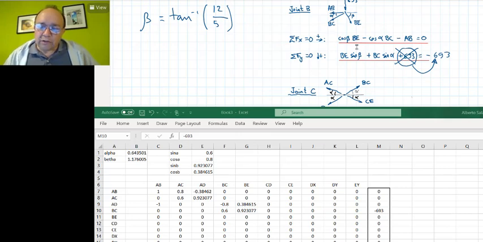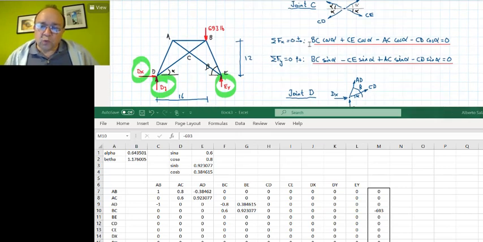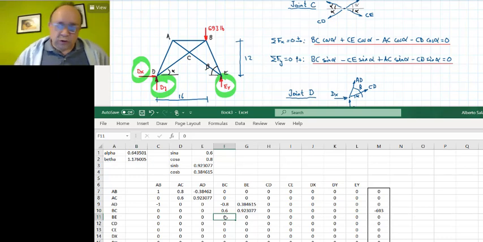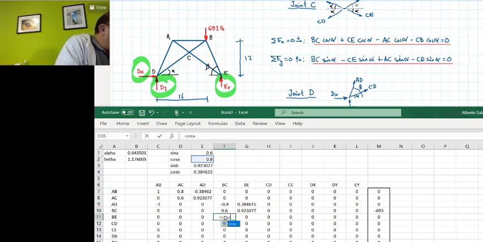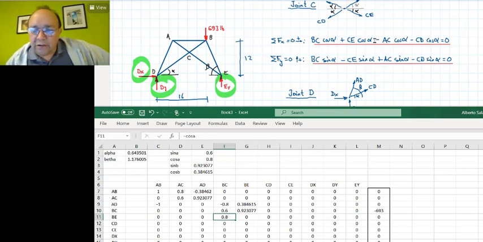Next equation, joint C. BC cosine alpha. This is BC, so BC cosine alpha equals cosine alpha. Then CE cosine alpha. Oh, actually, here all these terms are multiplied by cosine alpha, and all this by sine alpha.